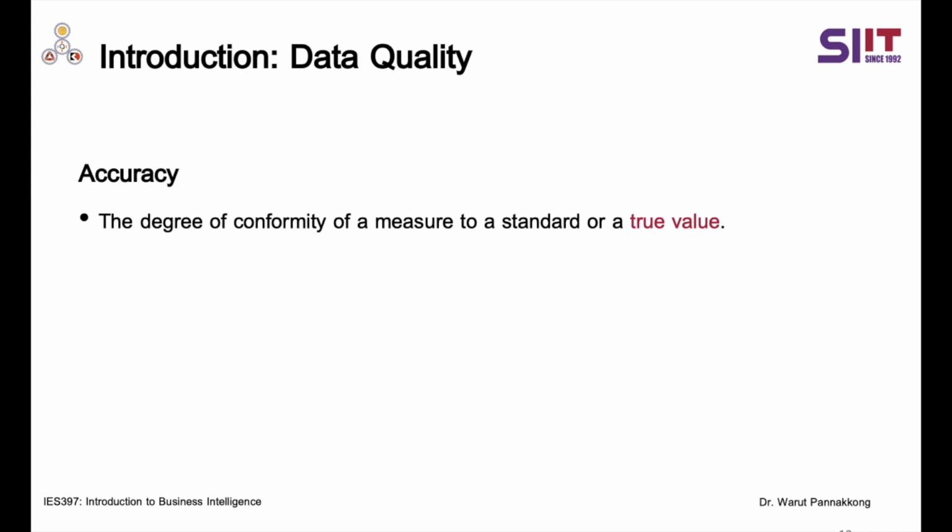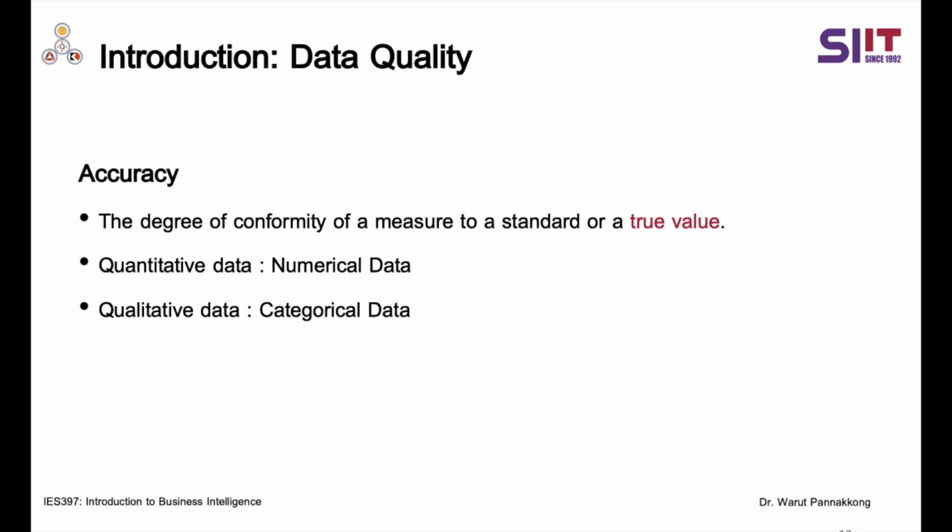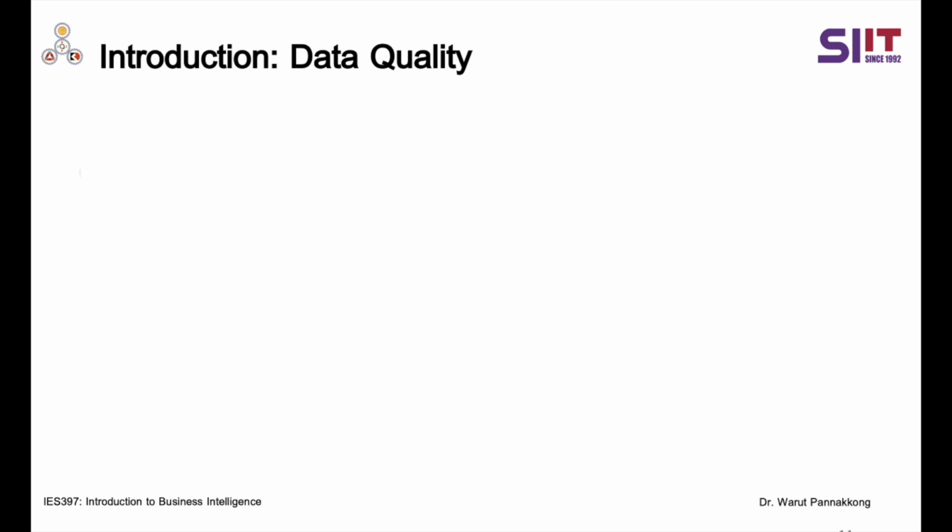Now, what is accuracy? Accuracy is the degree of conformity of a measure to a standard or true value. Quantitative data is numerical data, and qualitative data is categorical data. Both of these can have accuracy, meaning the correctness or the closeness to the true value or true information. Next is consistency.